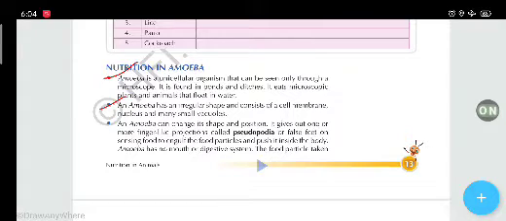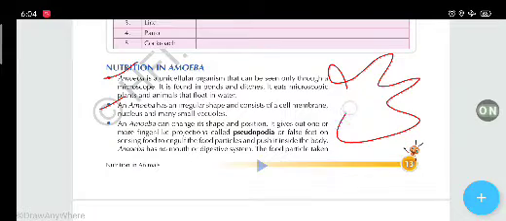Second, an amoeba has an irregular shape and consists of a cell membrane, nucleus and many small vacuoles. As I told you, amoeba has an irregular shape, it can change its shape and position. It gives out one or more finger-like projections that are called pseudopodia.